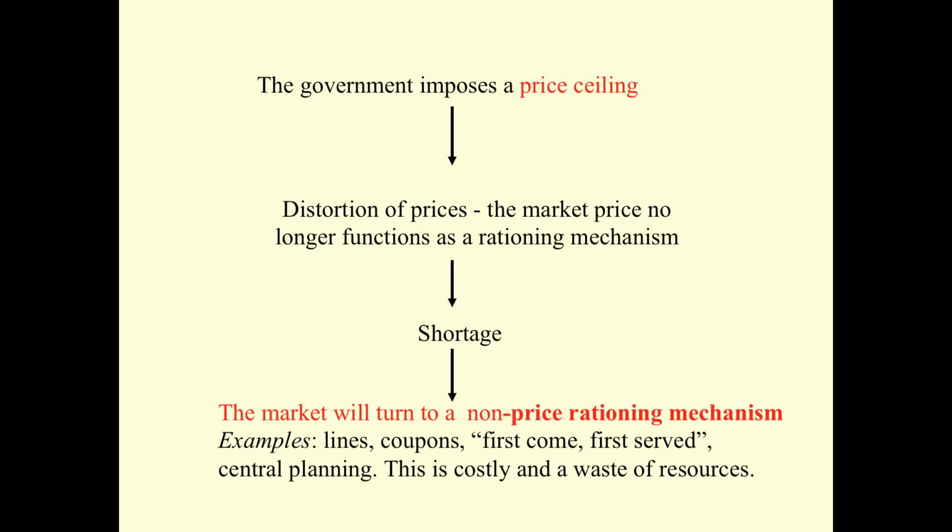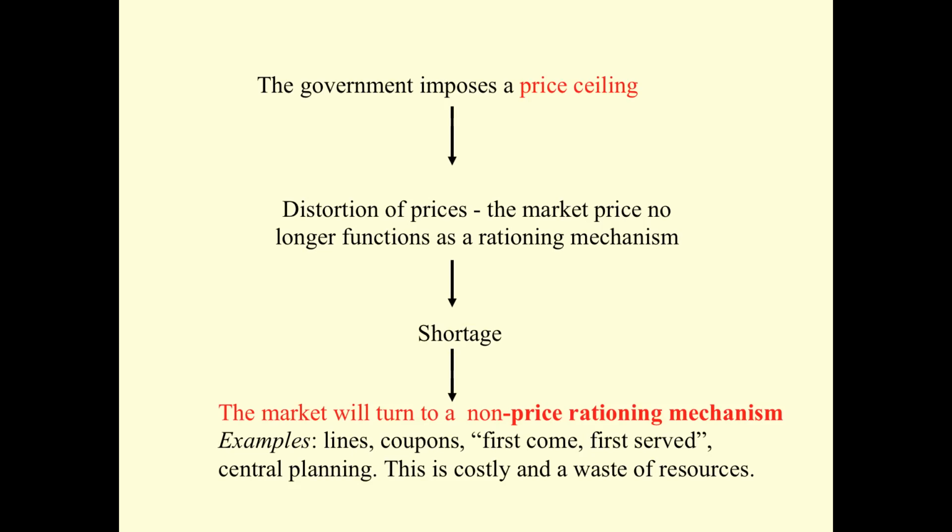So what will happen then is that since prices can't do their job and say who of the many people who want this product should get it, then generally the market participants will turn to something called a non-price rationing mechanism. For example, you might say, well, there's a line of people and there's 100 available and 300 people want it. We'll just take the first 100 people in the line. You could have to have a coupon to get that.